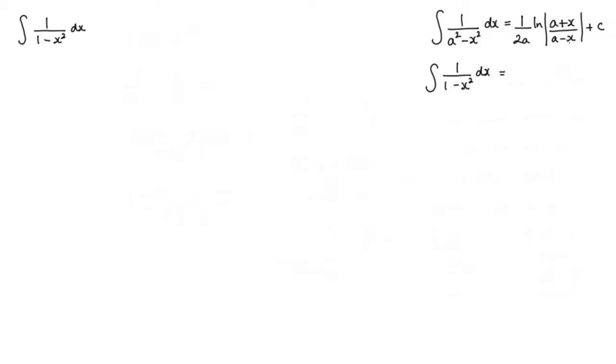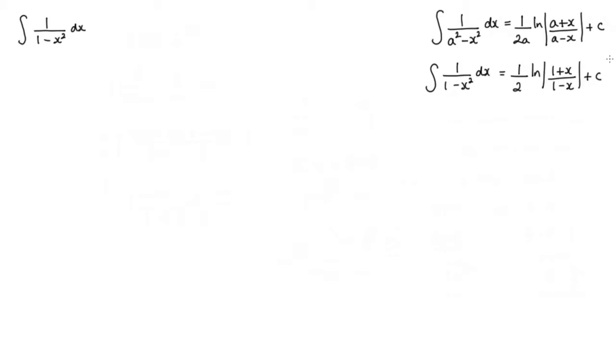So if I plug a being 1 in, I've got 1 over 2 times 1, so it's 1 over 2, log of (1 plus x) over (1 minus x) plus c.